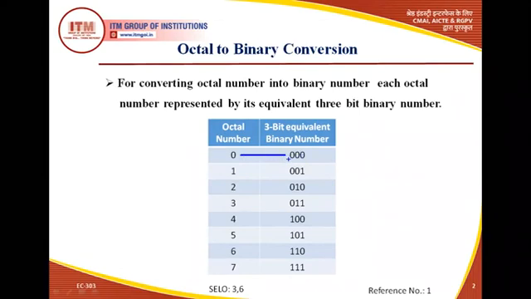0 is represented by the 3-bit binary number 000, because the binary of 0 is 0, and when represented in 3 bits we write 000.